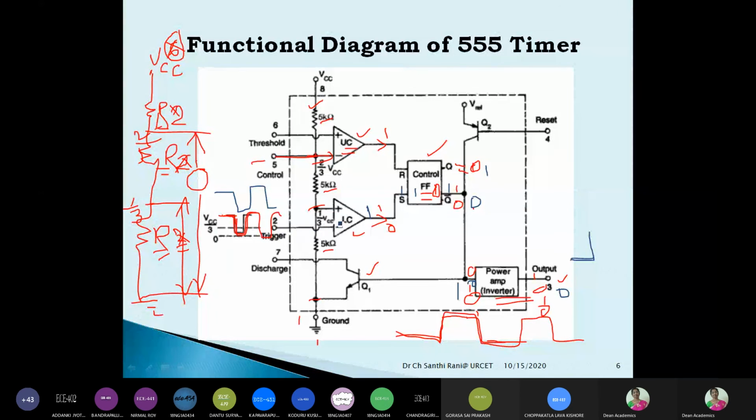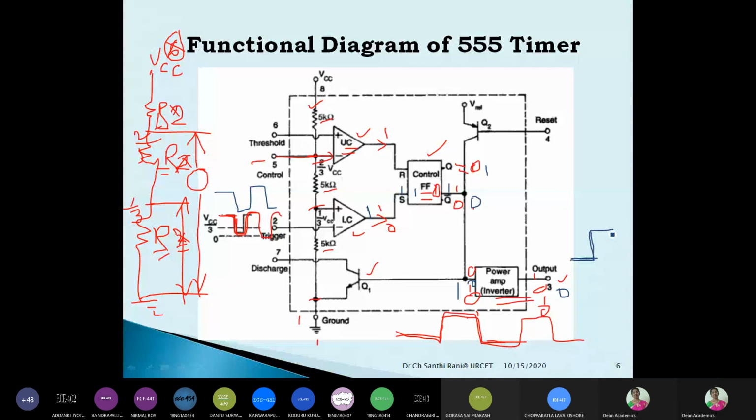When the trigger voltage applied to the lower comparator is greater than the reference voltage, then the output goes high, right? So we get output 0 initially, then it goes high, and it will be there for a certain time. How long will it be there?